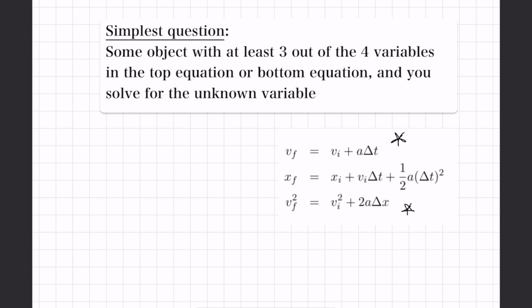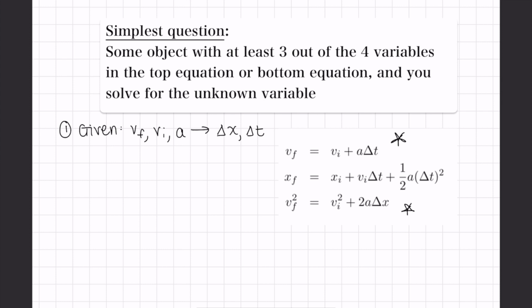So I'd say one situation is that you're given VF, VI, and A. You can use those to solve for either delta X from the bottom equation or delta T from the top, or basically any other combination of those.